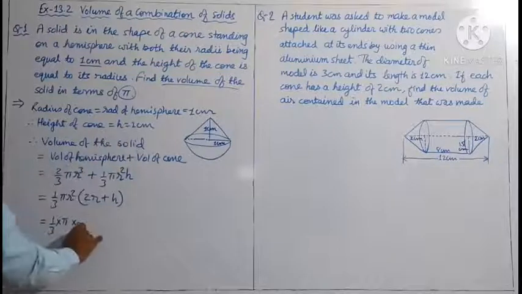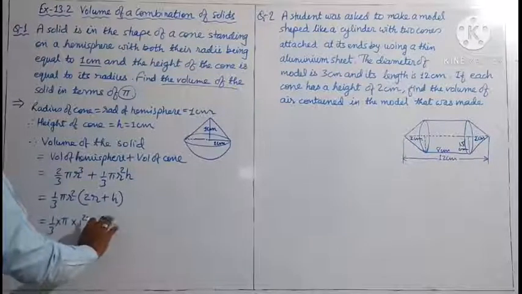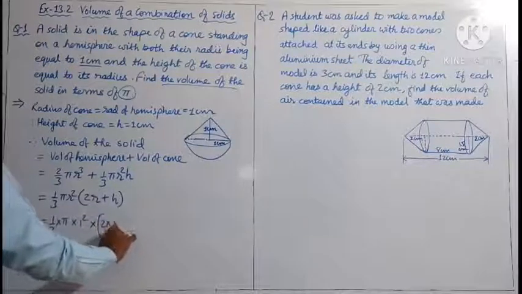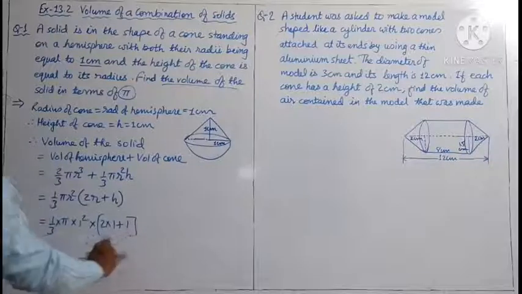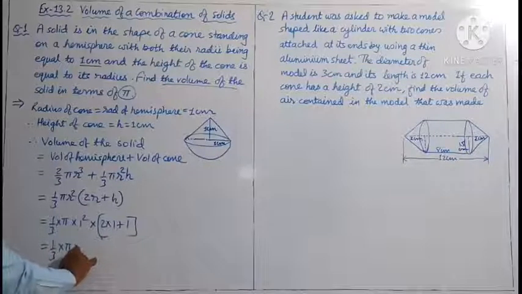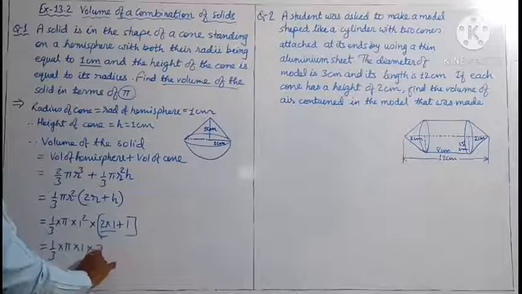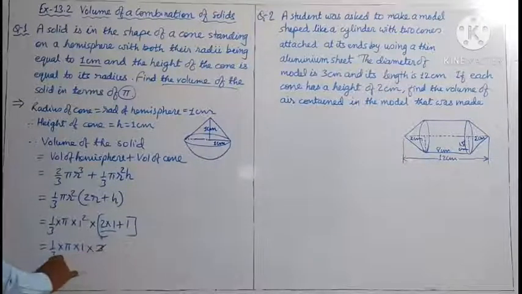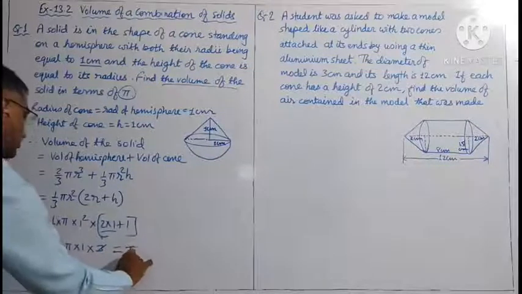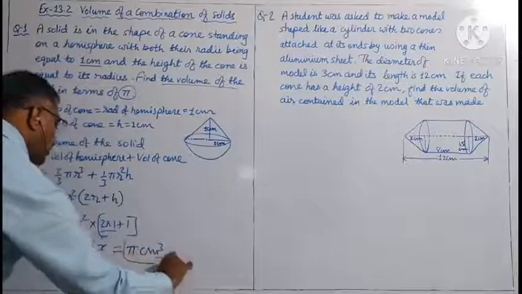Radius is 1, so 1 square multiplied by, in bracket, 2 times radius plus height. So that is 1 by 3 into pi into 1 into 2 plus 1, that is 3. As here 3 cut common, thus we get pi into 1, that is pi centimeter cube.